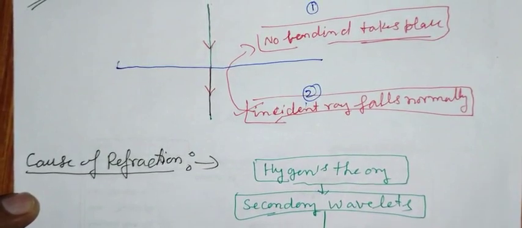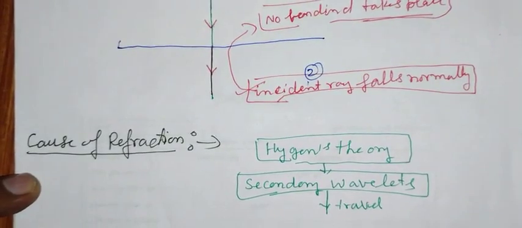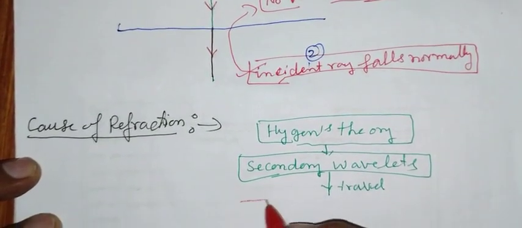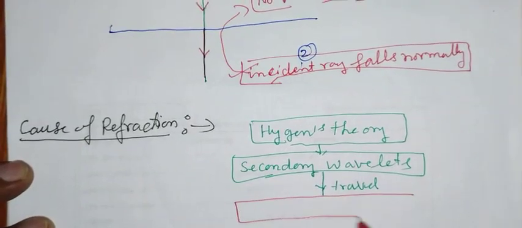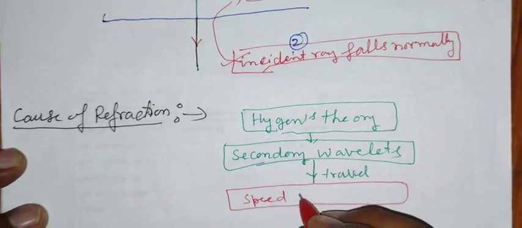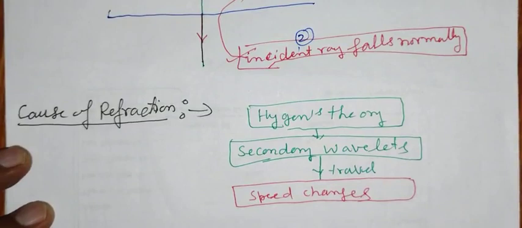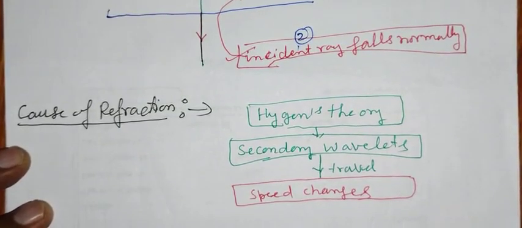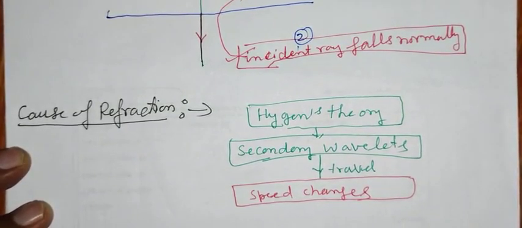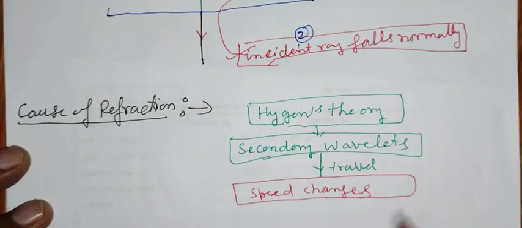When these secondary wavelets move from one medium to another, their speed changes. According to Huygens, the speed of the secondary wavelets changes when light passes from one optical medium to another.